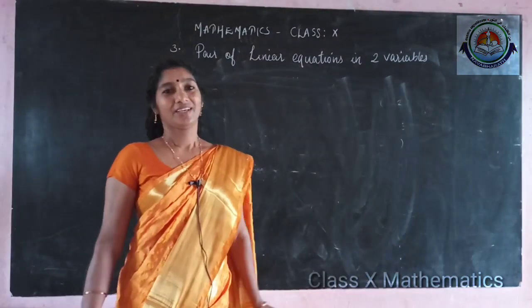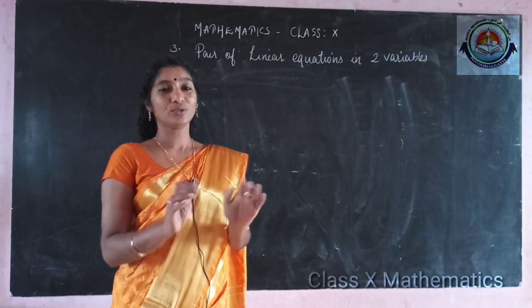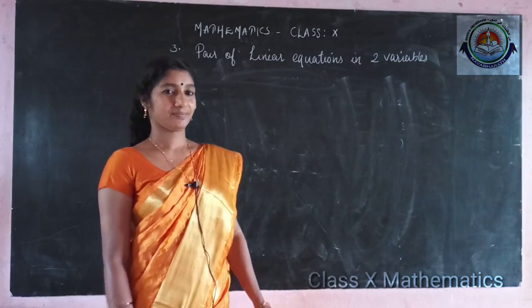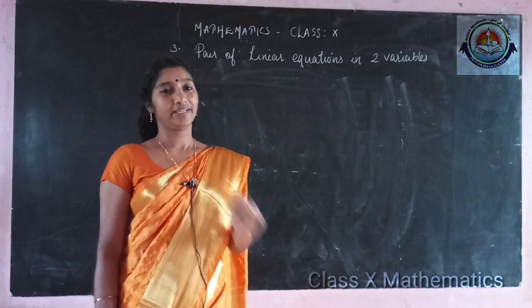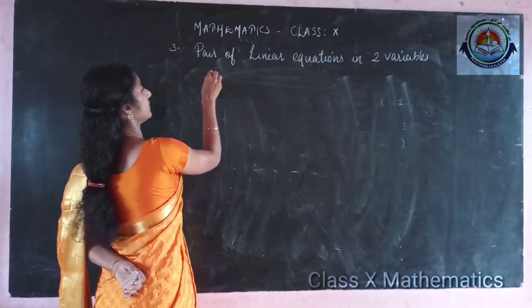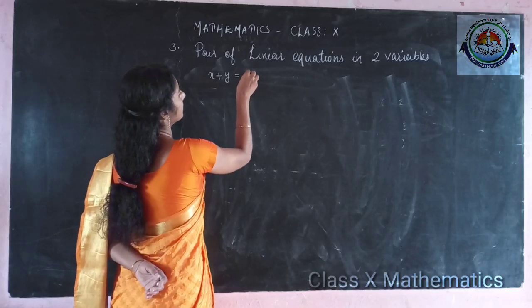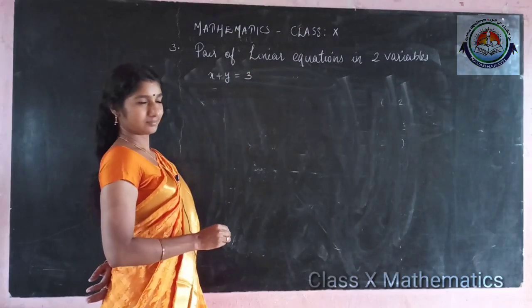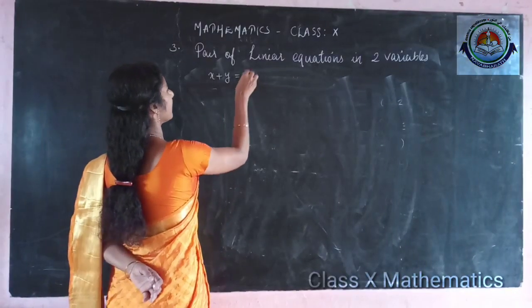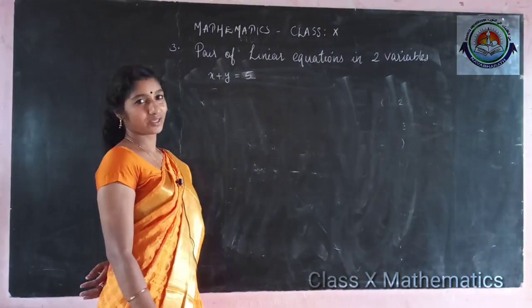Then next, we are going to use two equations. Pair of linear equations. One example. x plus y is equal to 3 itself. Or we can make another number 5. x plus y is equal to 5.